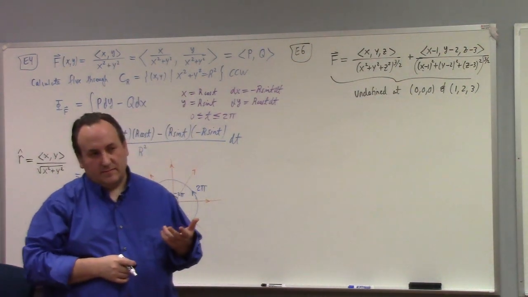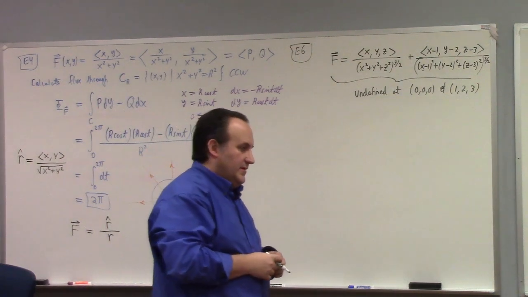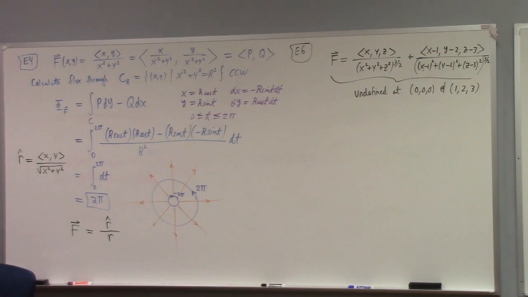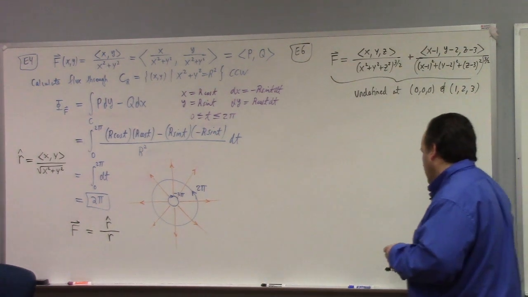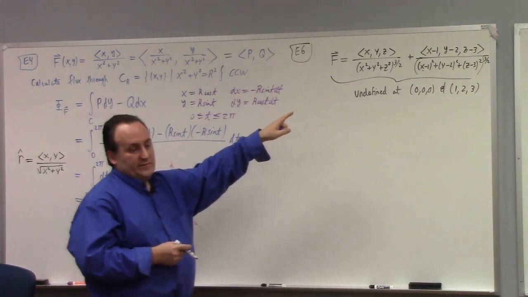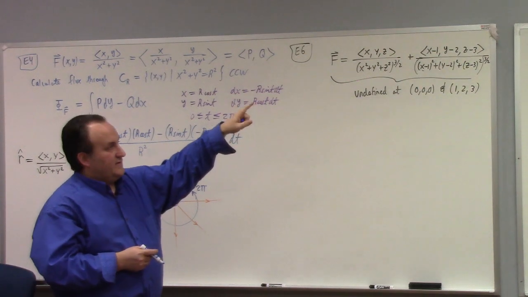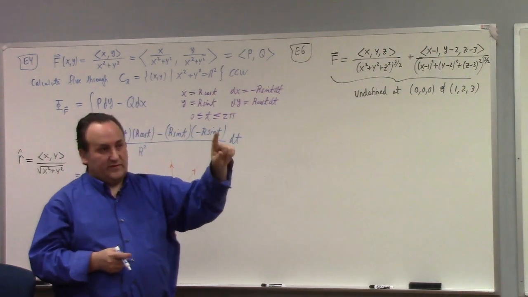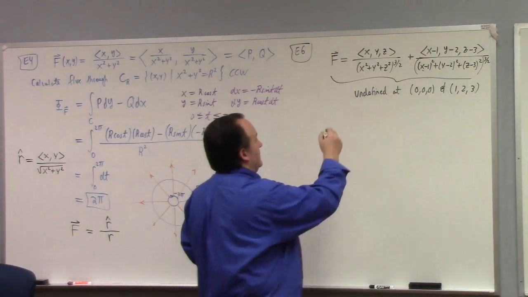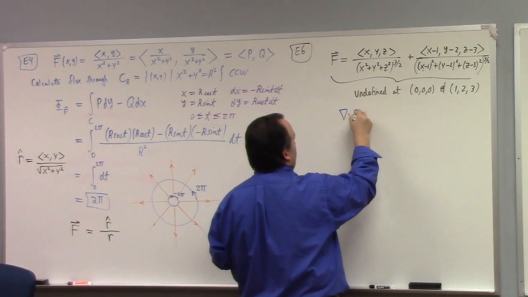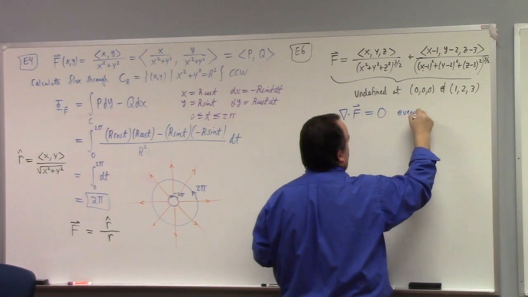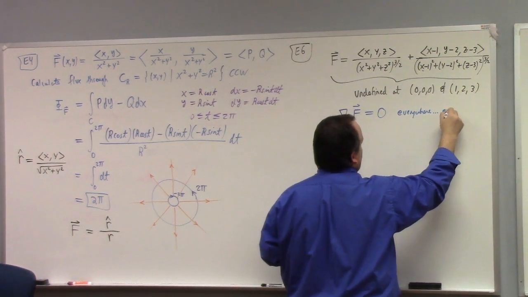But if you think about it, by the symmetry of the formula and just by the chain rule, with respect to partial differentiation, it should be fairly obvious that if the divergence of F from example 5 is equal to 0, then the divergence of this vector field is also 0. So we have the divergence of F equal to 0 everywhere except where?